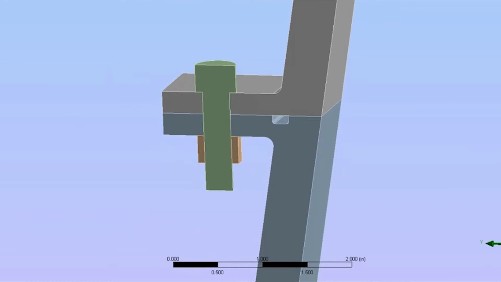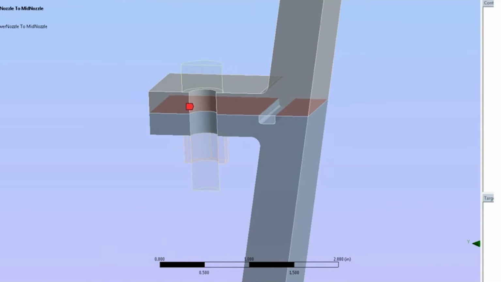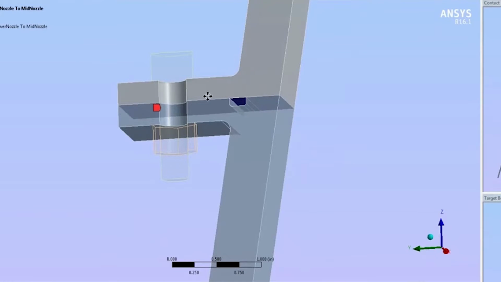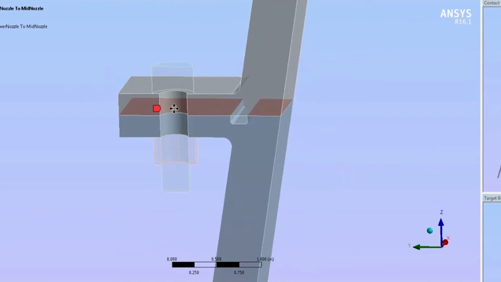So when it comes to the contact between the two flanges, in reality, if we had strong hands, we could slide these two surfaces against each other, or we could pull on one and pull on the other, and they would be able to separate. So the bonded contact, if we use that, they would not be allowed to separate. In fact, they would be welded together. But in reality, they're not welded together. They're allowed to move and slide and separate, hence that condition.